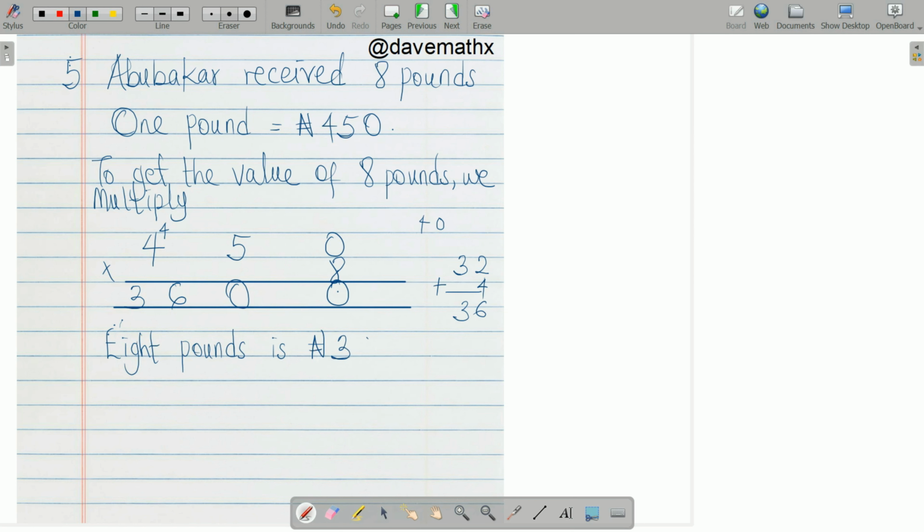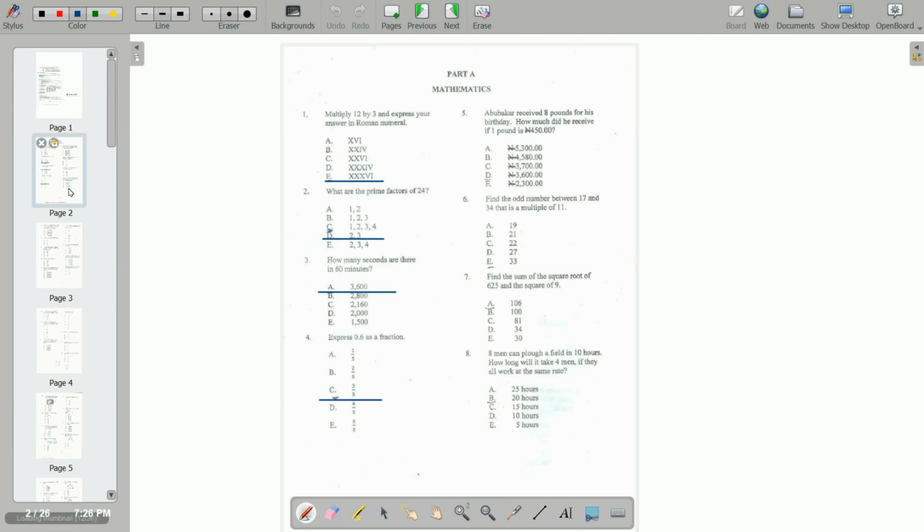Finally, Abu Bakr received 3,600 naira, which is equivalent to 8 pounds. Now we move to question 6.